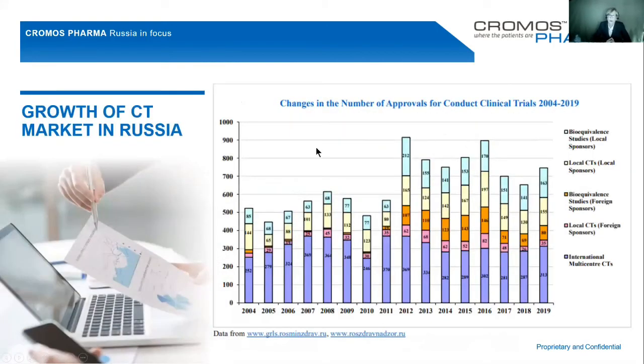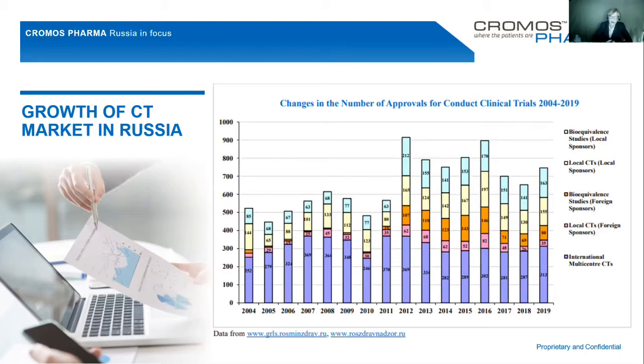And another slide here just shows the growth of clinical trials in Russia, and you can actually see that in the last few years, some of these newer venues that are less experienced and less sophisticated, but also very promising for the future, have stolen some, if you will, market share from Russia, and that's all that is.